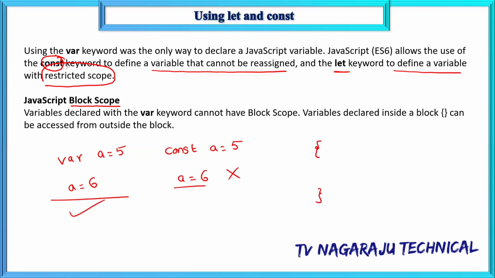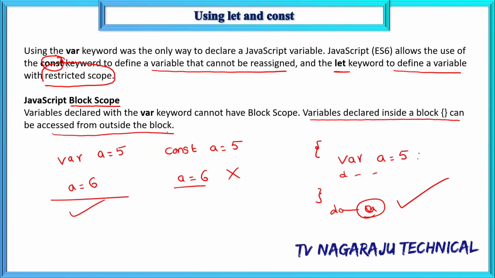Block scope means, suppose I define a variable using the var keyword in the block. Here I am printing the variable, and the value is printed. After coming out of the block, if you want to use the same variable a, it is possible. You got it? Variables that are declared inside the block can be accessed from outside of the block.